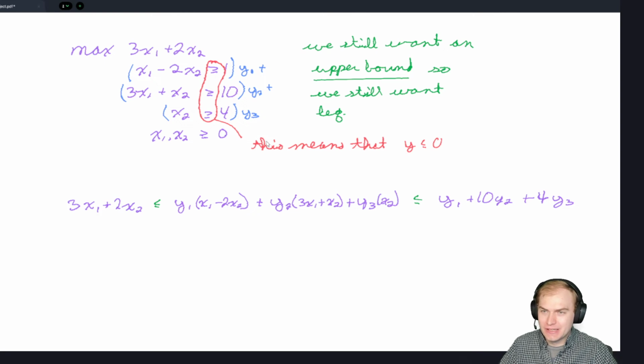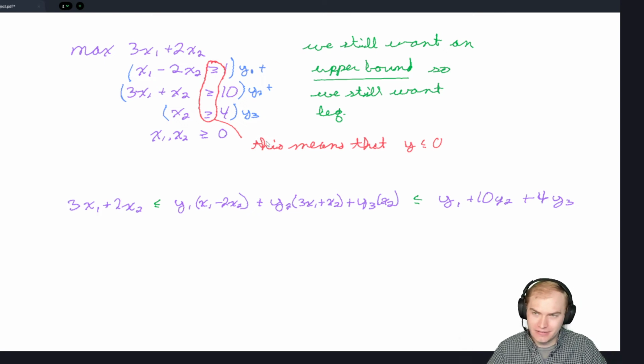And that's kind of wild that the direction of the inequality would change that much.